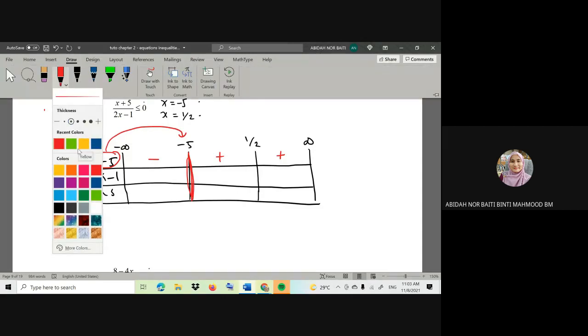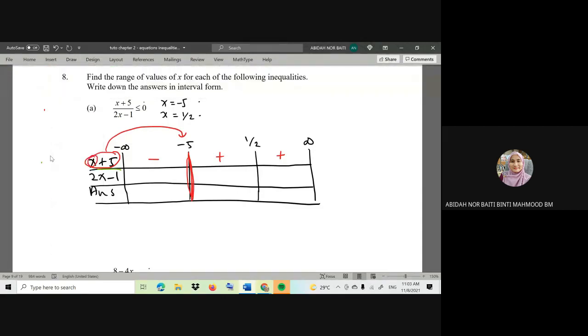For another function, 2x minus 1, the value of x is positive half. To the right of positive half, we follow sign of x here. Sign of x here is positive, therefore to the right of this point is positive, and to the left of this point is negative.